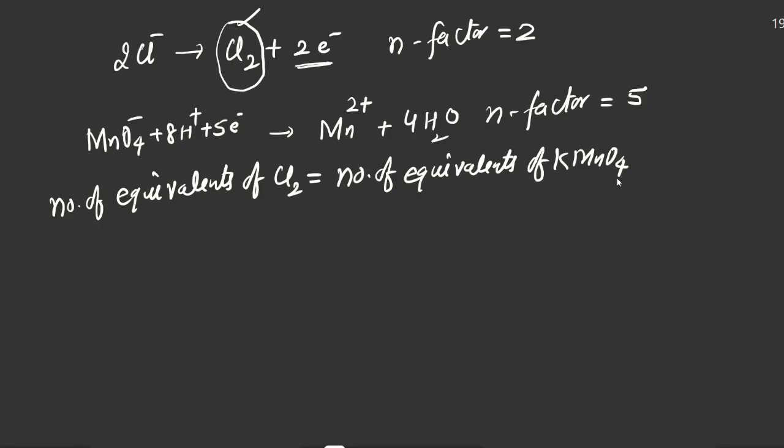The number of equivalents of Cl2 is required in terms of volume. So volume of Cl2 at STP divided by its equivalent volume. So tell me, what is the equivalent volume of Cl2?